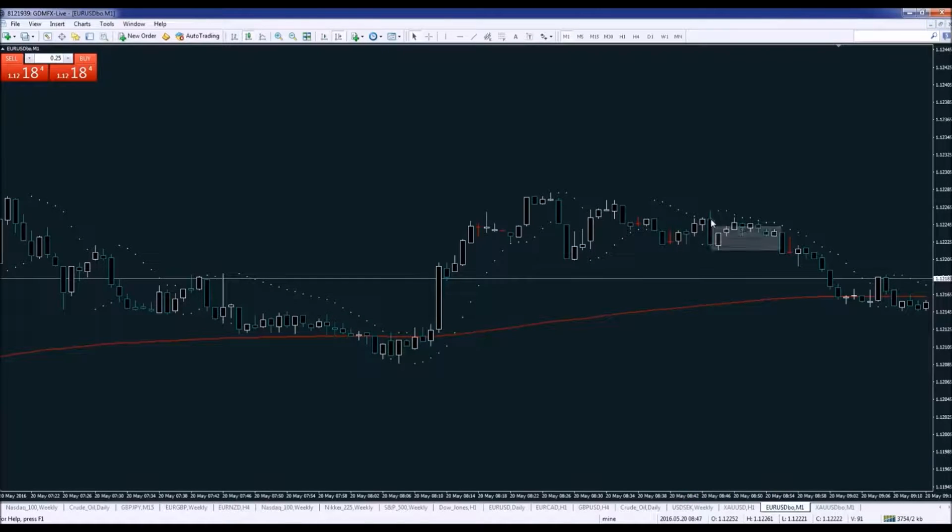As you can see, the parabolic dot is straight on top of this candlestick. So the price broke the previous resistance level of the parabolic and tried to move higher. We initiated a long position. The price swing was too quick, as we're on a 1 minute chart.